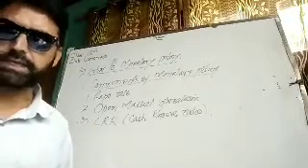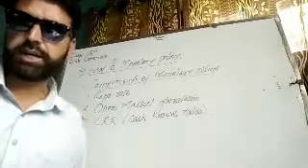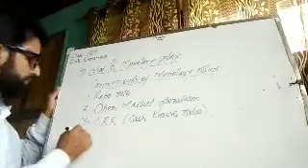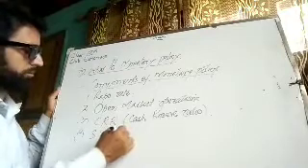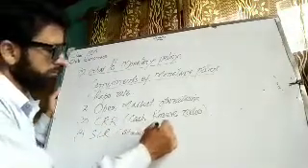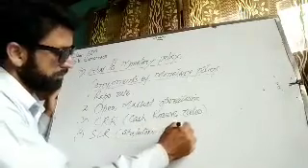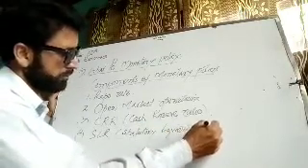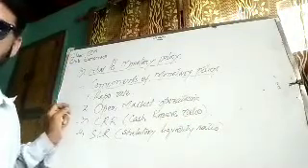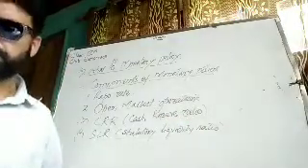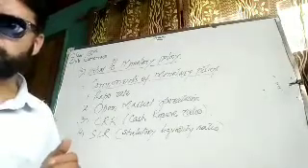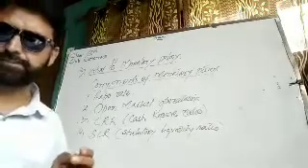Number four is SLR, statutory liquidity ratio. This refers to the ratio between liquid assets and total deposits of the commercial banks.